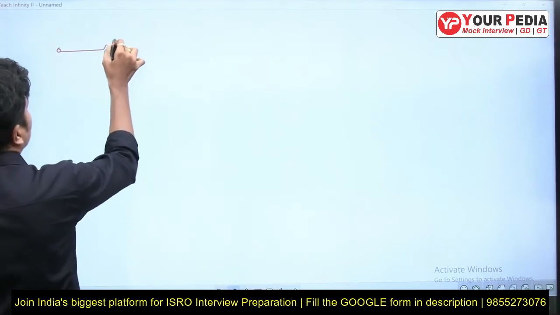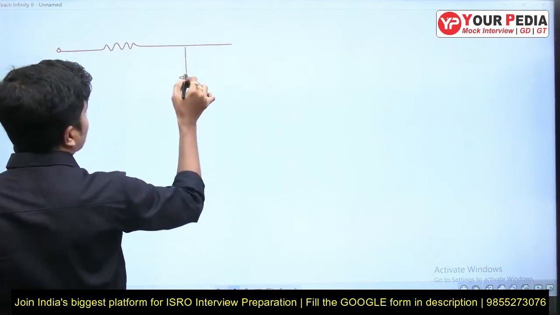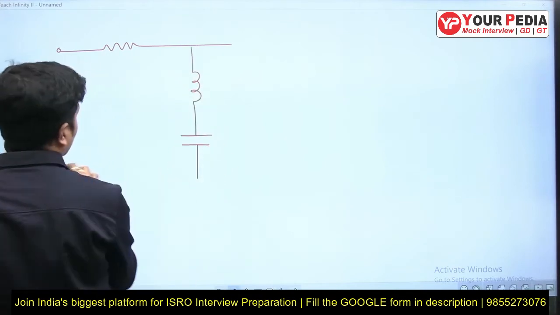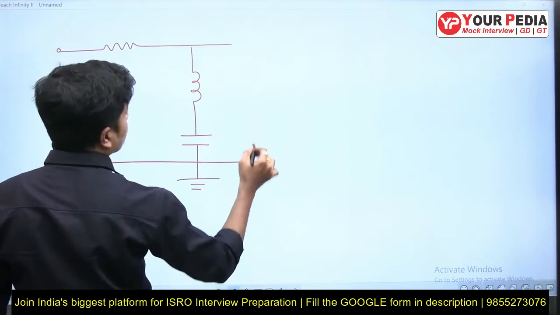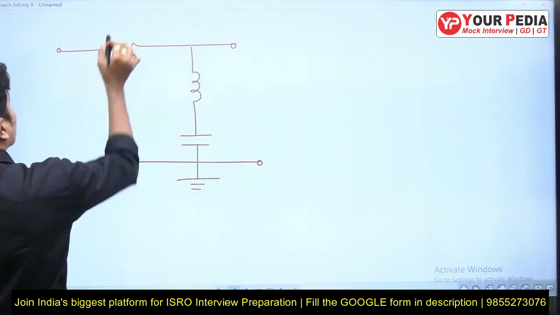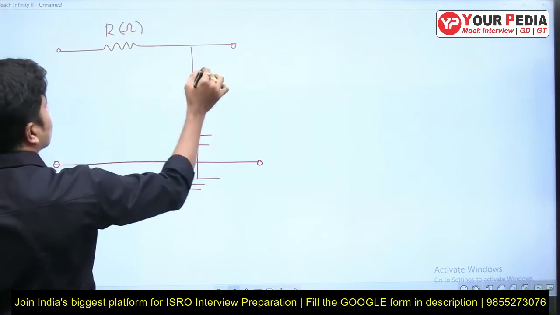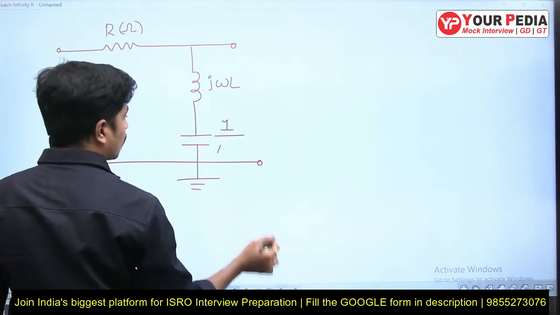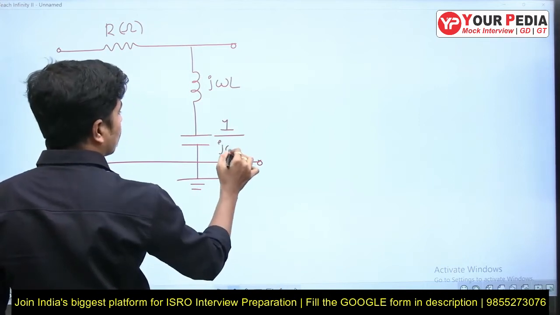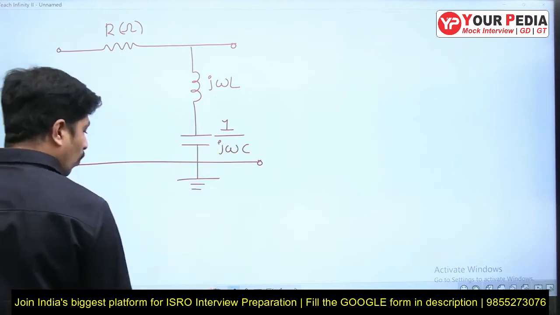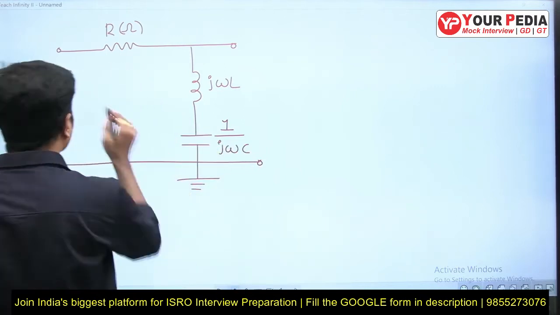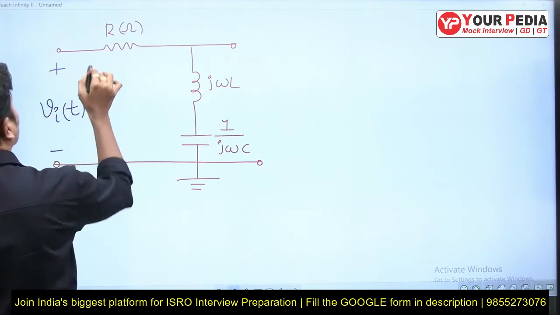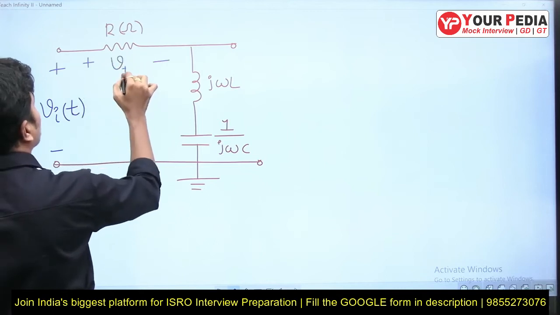This is the resistance in ohms, this is j omega L, this is 1 by j omega C. Now we are taking the voltage across the resistor as output, this is plus minus Vi of t, and this is plus minus Vr of t.